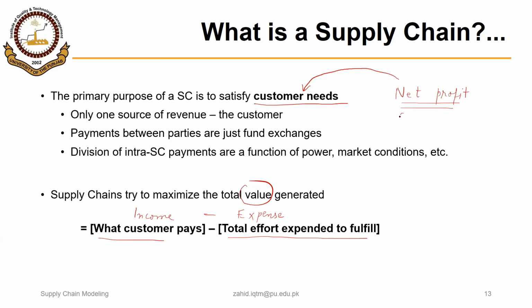What are those things? They are society, the social aspects, and the environment. So that is the economic aspect or financial aspect, that is primary, then social and environment. These three things are sometimes called the triple bottom line.